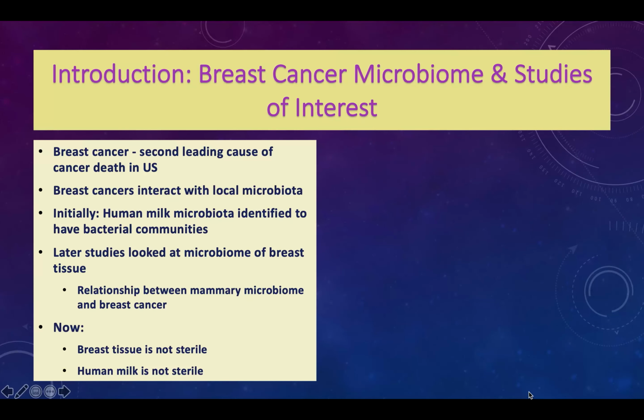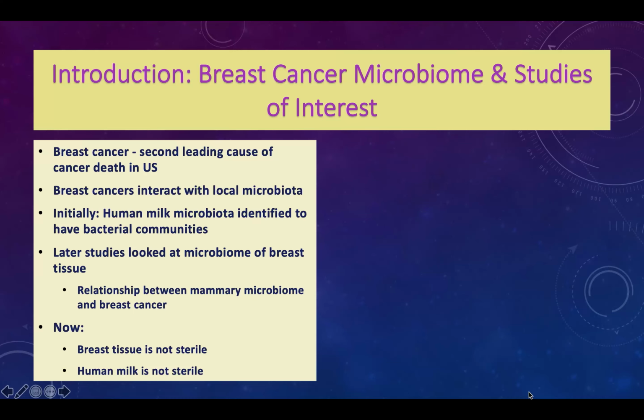So moving to the introduction, breast cancer is known to be the second leading cause of cancer death in the United States, and it's known that breast cancers interact with local microbiota. Initially, there were earlier studies that looked at the human milk microbiota, and bacterial communities have been identified that are associated with it.